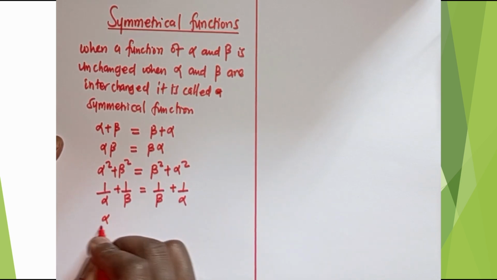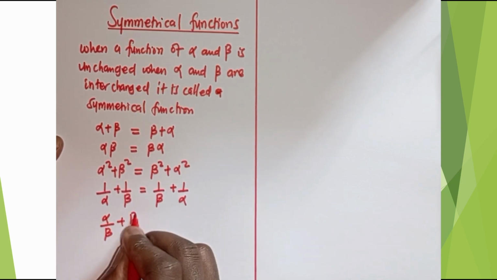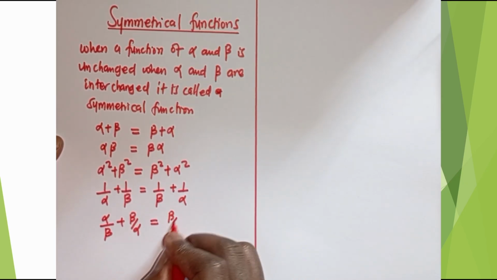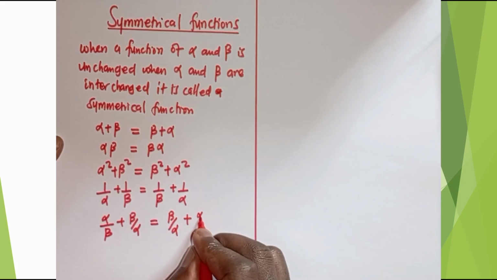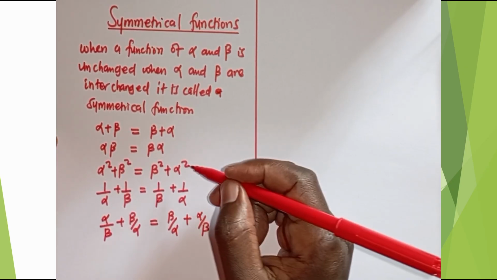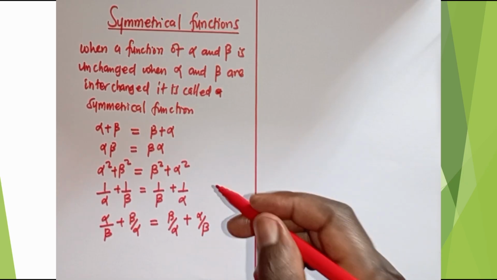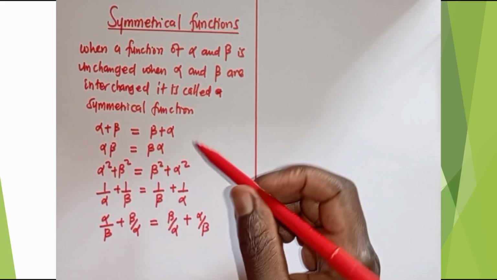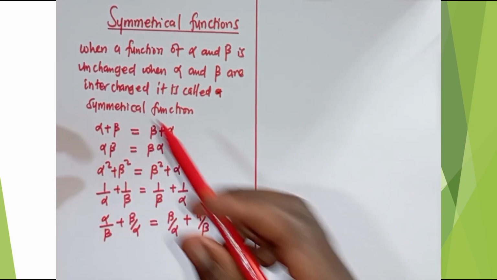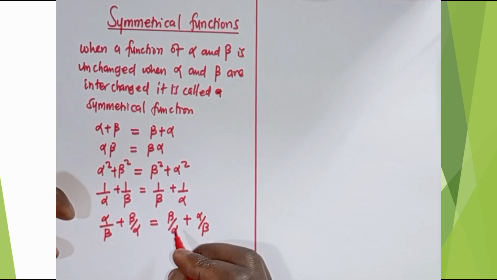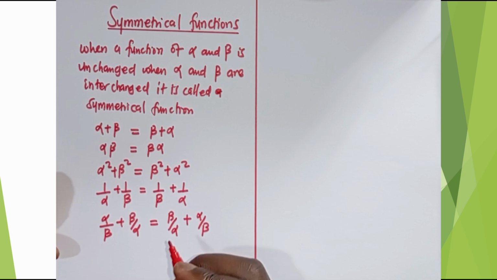We also have alpha over beta plus beta over alpha, which is the same as beta over alpha plus alpha over beta. Whenever the function of alpha and beta is unchanged when alpha and beta are interchanged, we call that a symmetrical function. I want us to see an example.